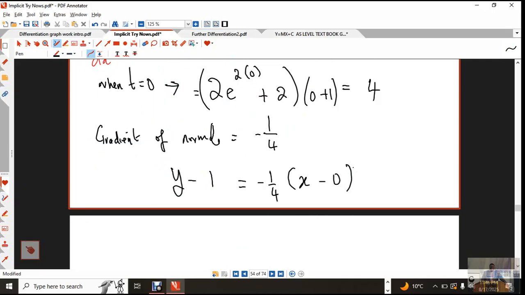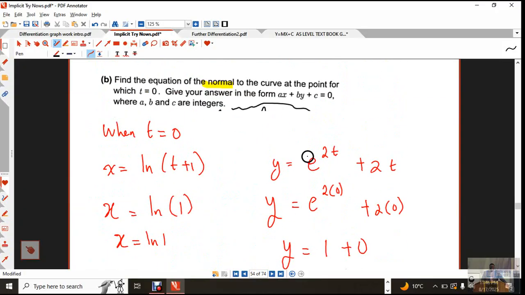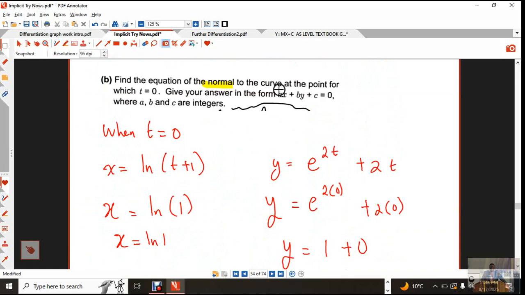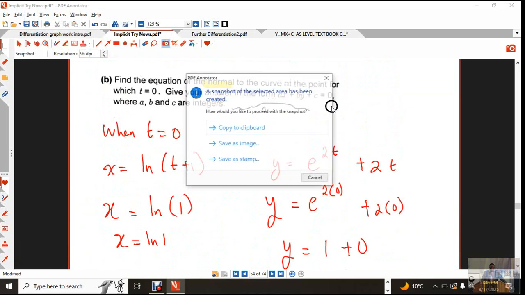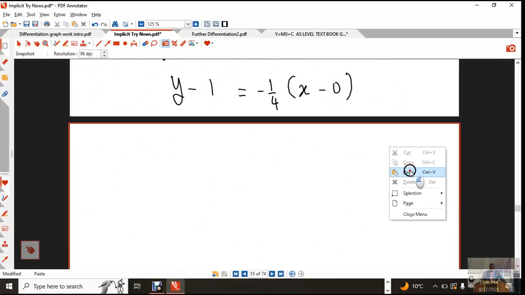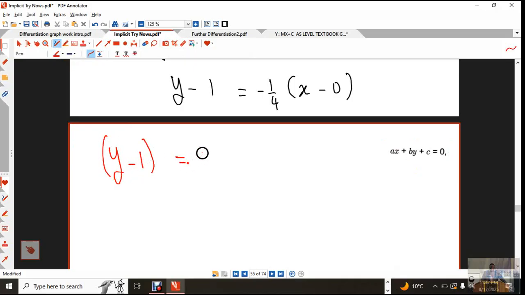Okay. And what else do they say? Of course, they probably want the equation in a certain form. Let us just go and grab that. Very important that you always refer back to the question so you don't end up making mistakes. So they say they want the equation in the form ax plus by plus c. So if that is the case, I have got y minus 1, in brackets, is equal to negative 1 over 4 times x.